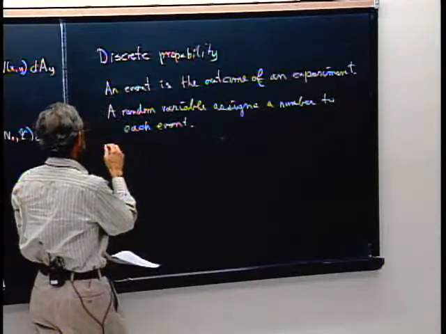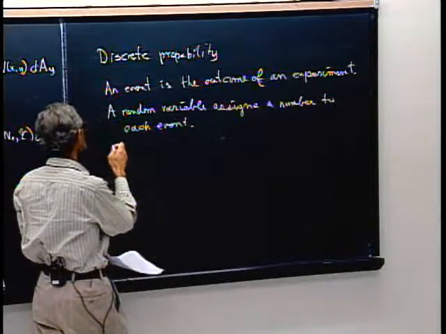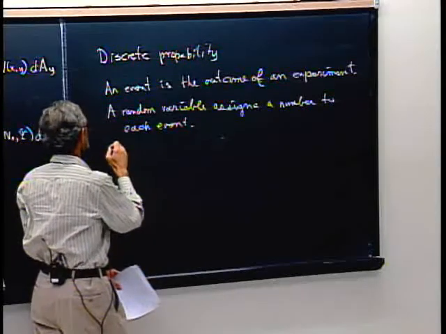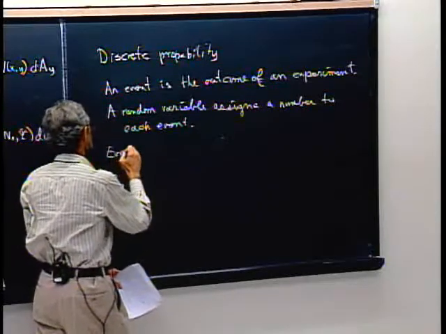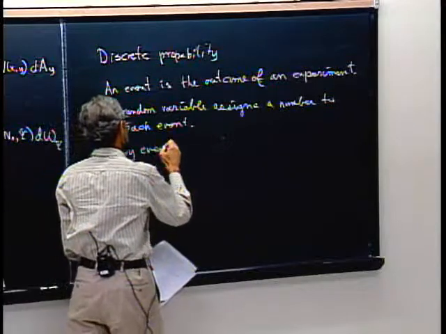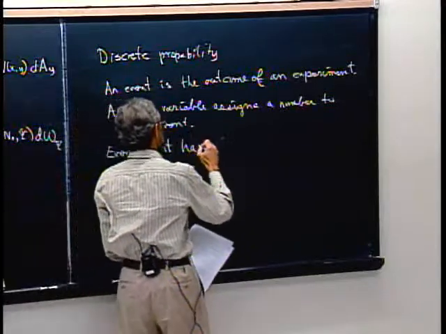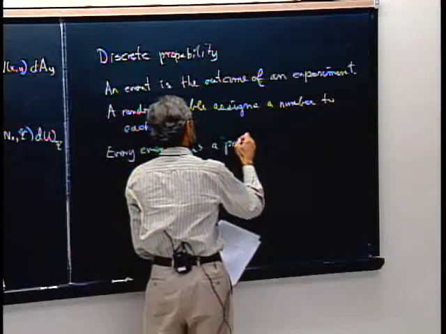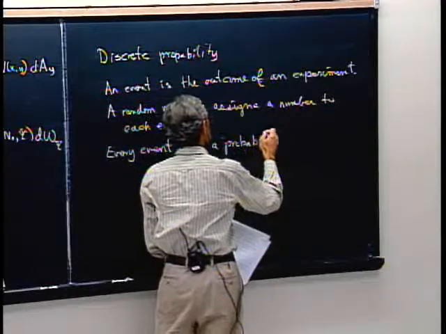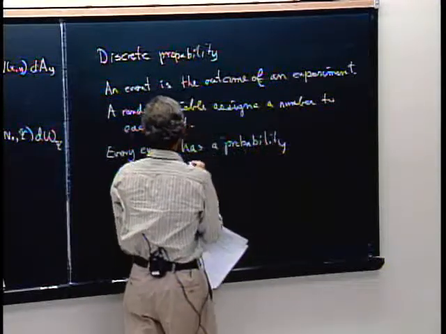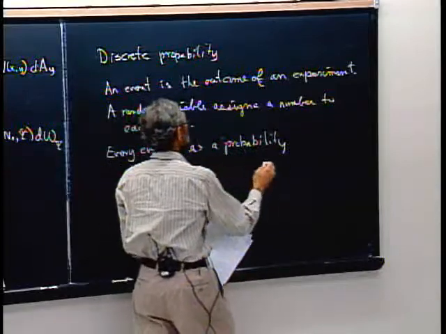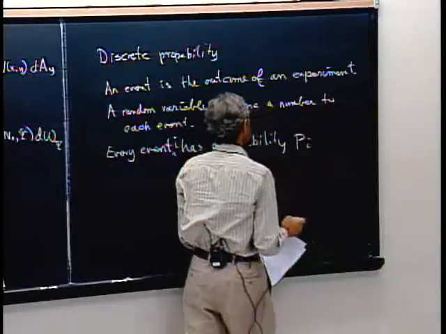So now the probability, if it's a random event, then every event has a probability. So every event, say i, has a probability P of i.